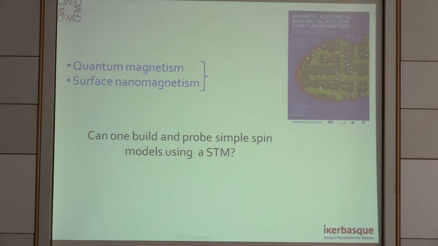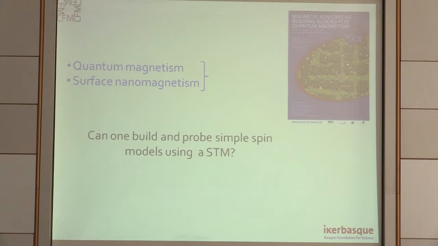So as it was mentioned from the very beginning of this conference, we have here two communities. On one side, the community of quantum magnets, and on the other, the surface nanomagnetism, and especially people working with magnetic atoms.